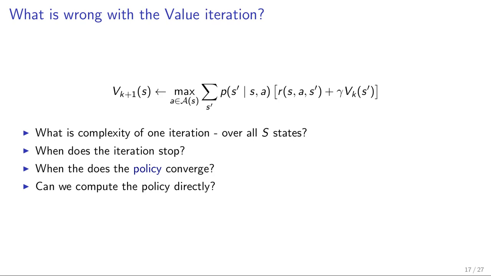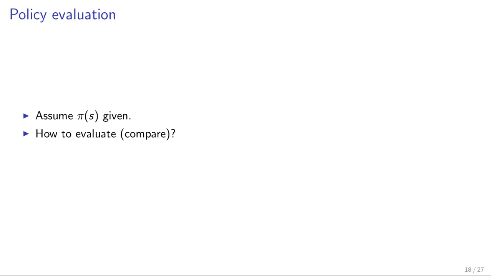Can we compute the policy directly? That's what this is about. Before we do policy iteration, we need to do policy evaluation. There are all these things: policy evaluation, policy extraction, value iteration, policy iteration. They are all connected.